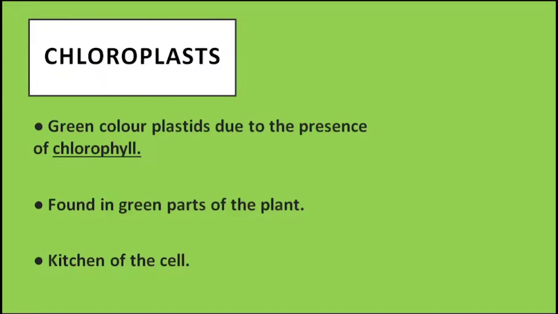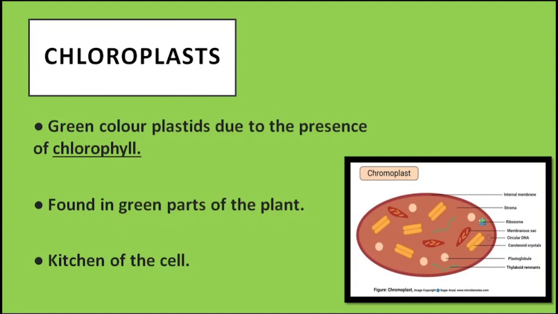Now what is a vacuole? It's a sac-like structure containing cell sap. So it maintains the shape of the cell, and the function is they store food, water and waste. So you can see the picture clearly on your screen, that is what a vacuole is.